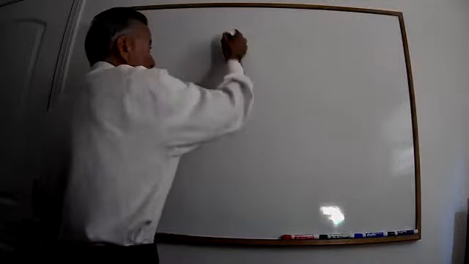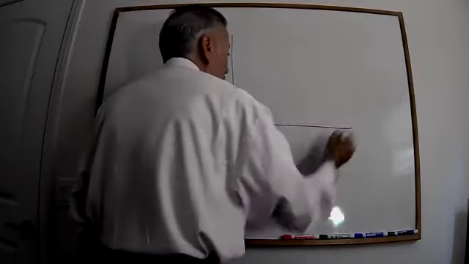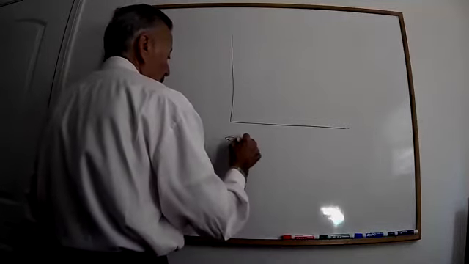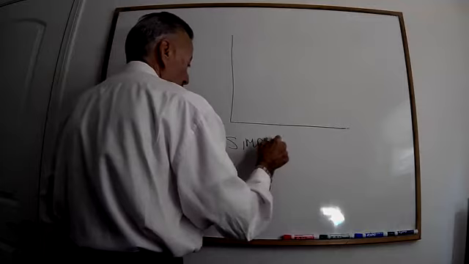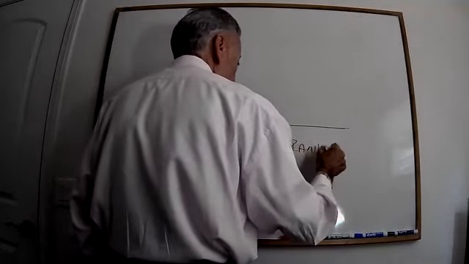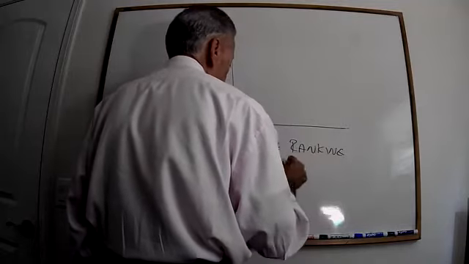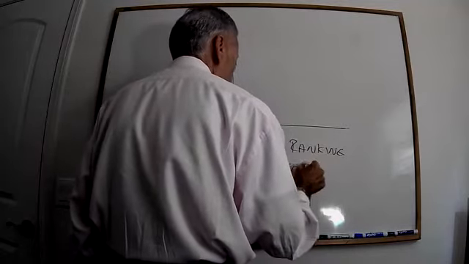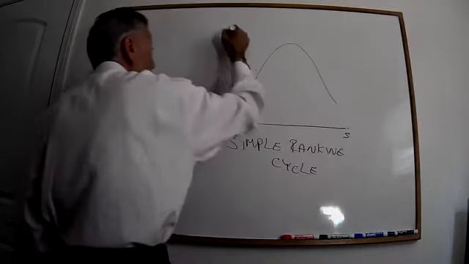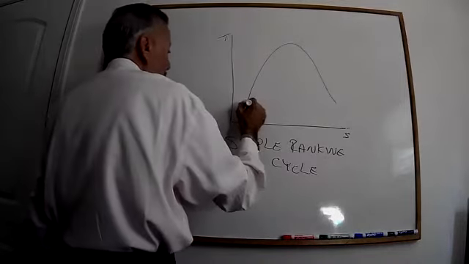That's a Rankine cycle. Again, this is what we call the simple Rankine cycle. That's the TS diagram.